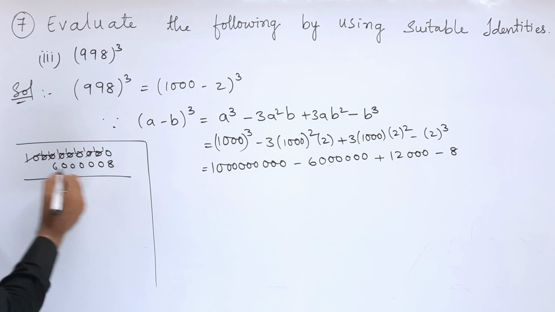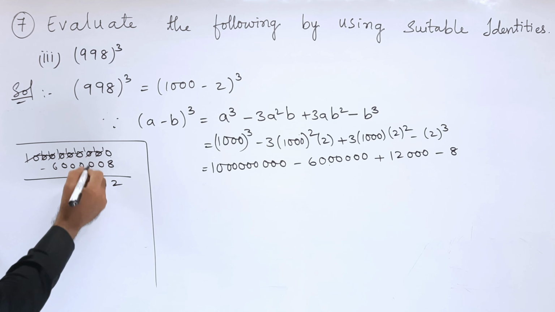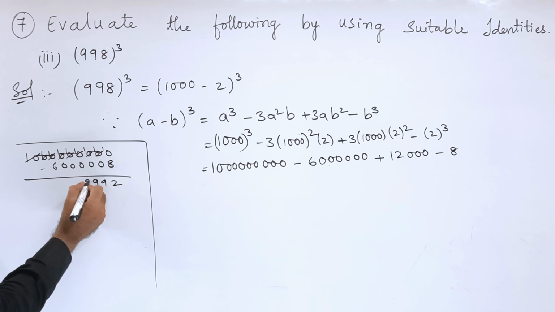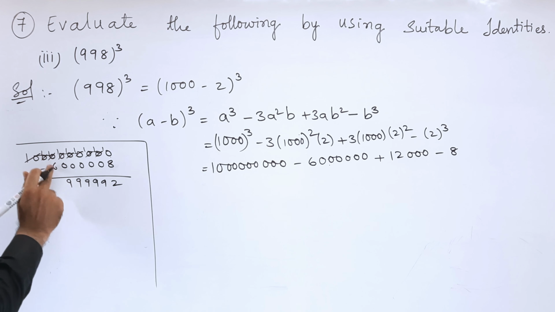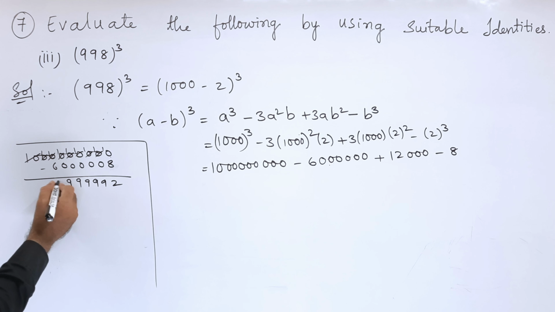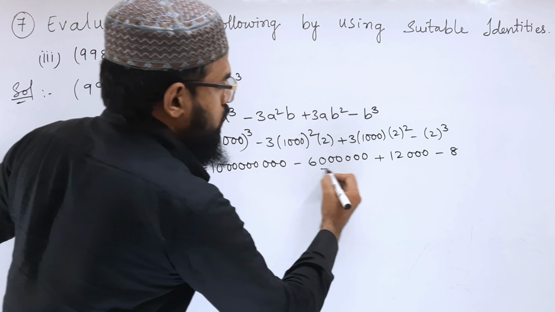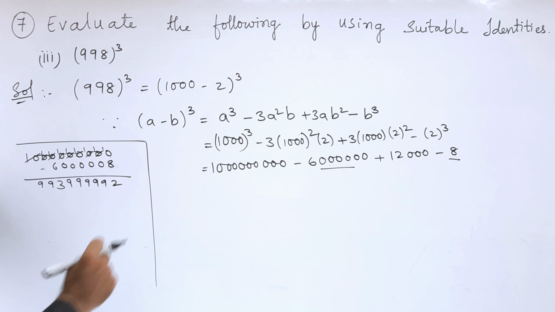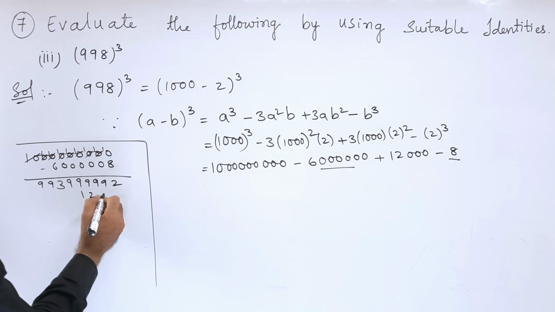If we subtract this, 10 minus 8 is 2. 9, 9, 9, 9, 9. 9 minus 6 is 3, 9, 9. Next, we have to subtract this 2 from this. Next, we have to add 12,000.